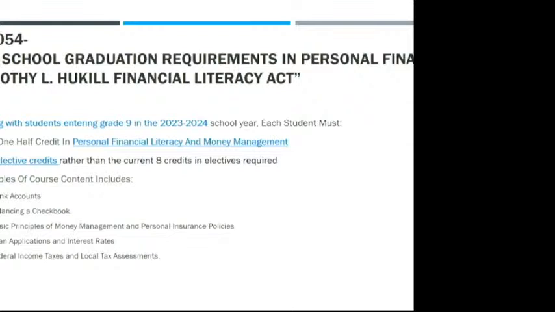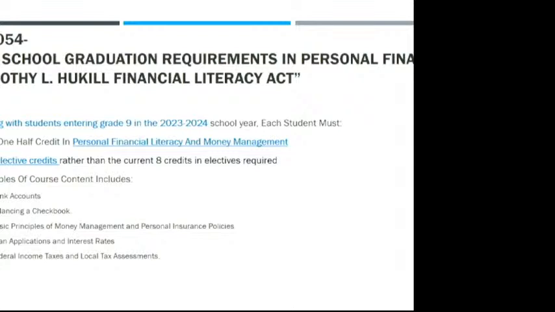Senate Bill 1054 adds a new high school graduation requirement. This bill has been trying to go through for years and years, beginning with students entering ninth grade in 23-24, so it's a little ways off. Students must earn a half a credit in personal financial literacy and money management as a separate course.